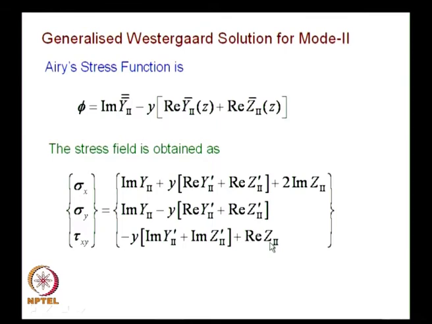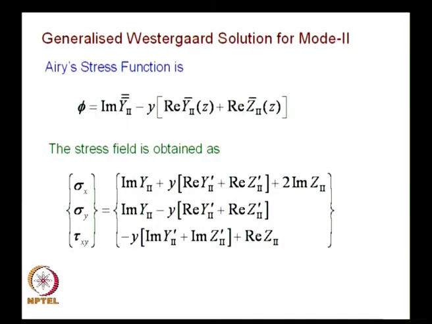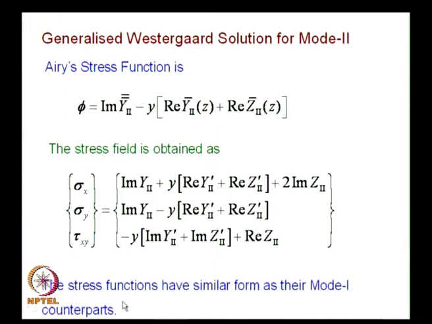So, now you have the generalized mode 2 Westergaard solution. If you look at the form of the stress functions z 2 and y 2, you can construct a series solution, and what is mentioned is that the stress functions y 2 and z 2 have a similar form to their mode 1 counterparts.